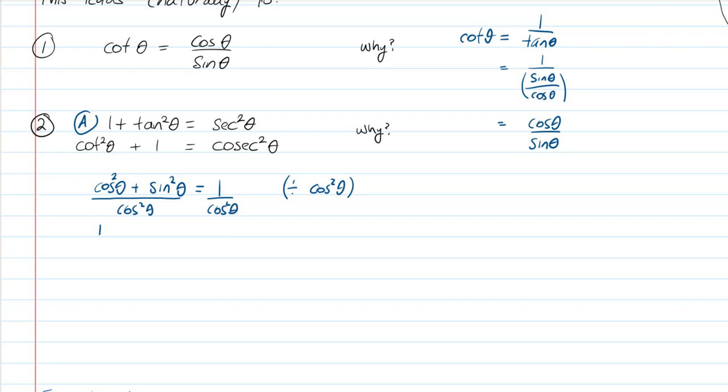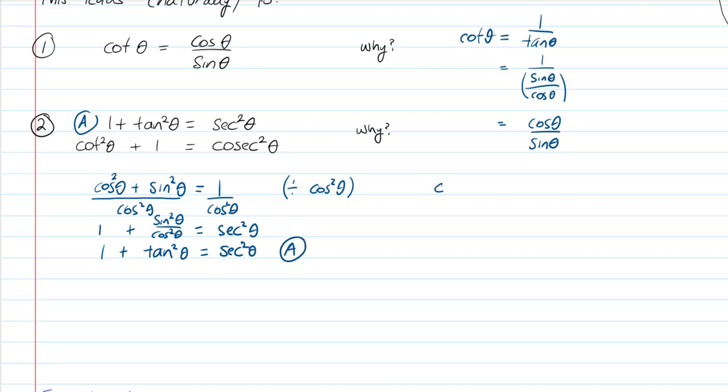Then we get 1 plus sine squared theta over cos squared theta equals, hopefully you can see, sec squared theta. And that becomes 1 plus tan squared theta equals sec squared theta. Okay, so that's A, and we've got a proof of where that identity comes from.